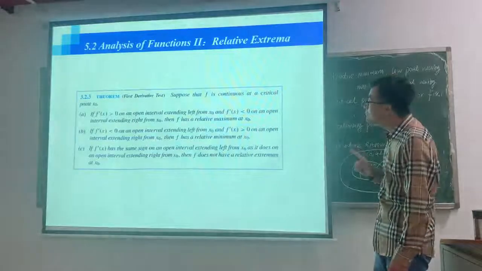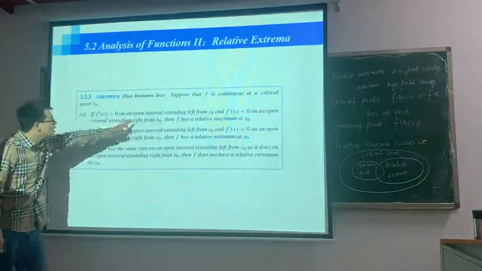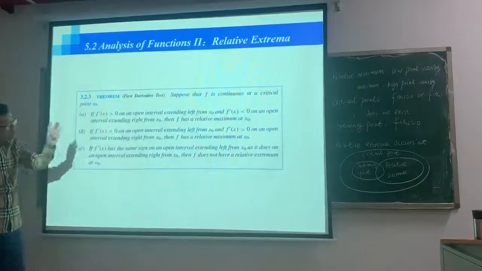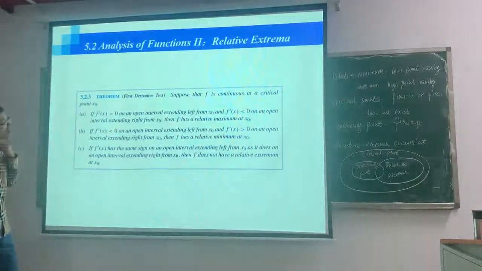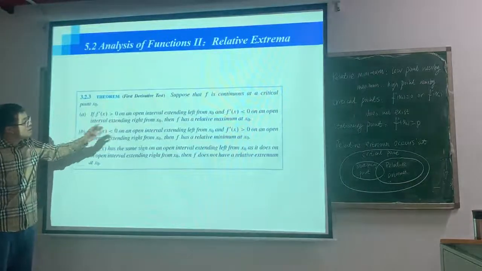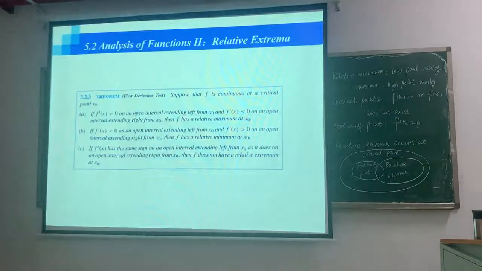If f prime is greater than 0 on an open interval extending left from x0, and f prime is less than 0 on an open interval extending right from x0, then f has a relative maximum.